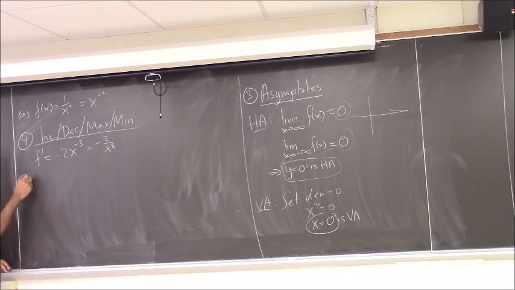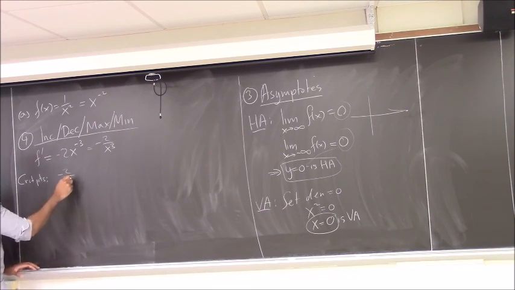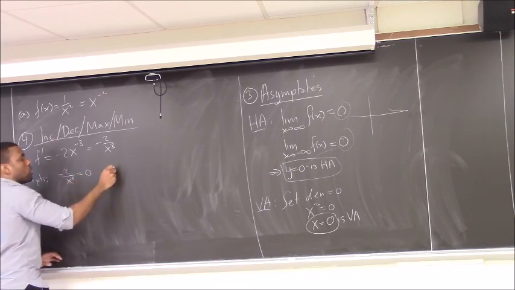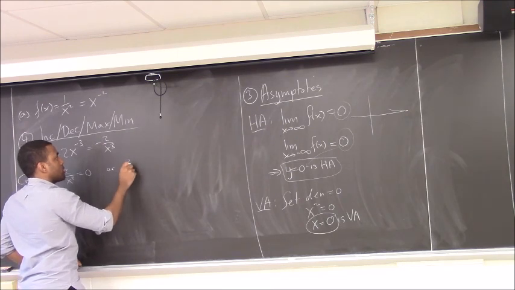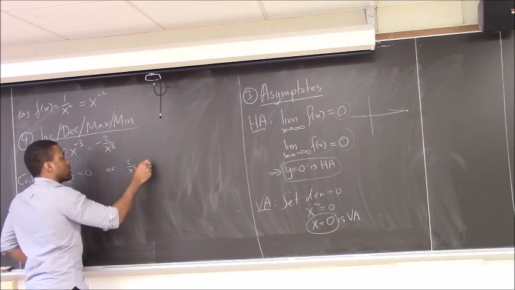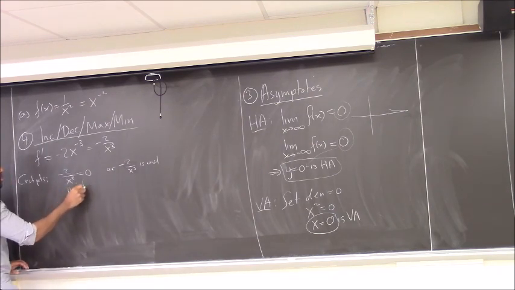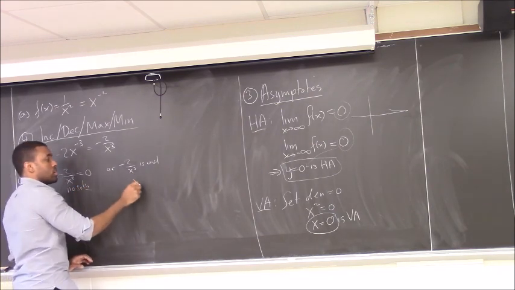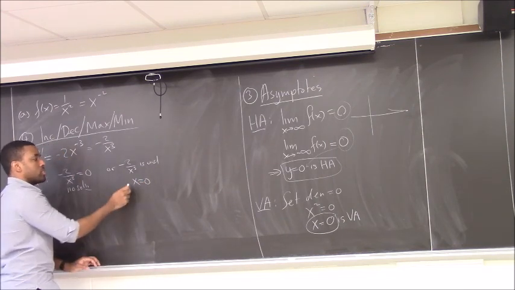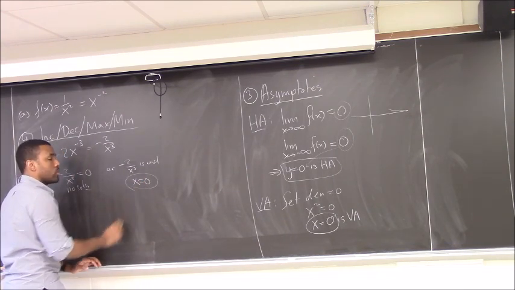Now I need to find the critical points. That means I set this guy equal to 0 or undefined. This one, no solution. This one is obviously undefined if x equals 0 because I'm dividing by 0. So that's your critical point.